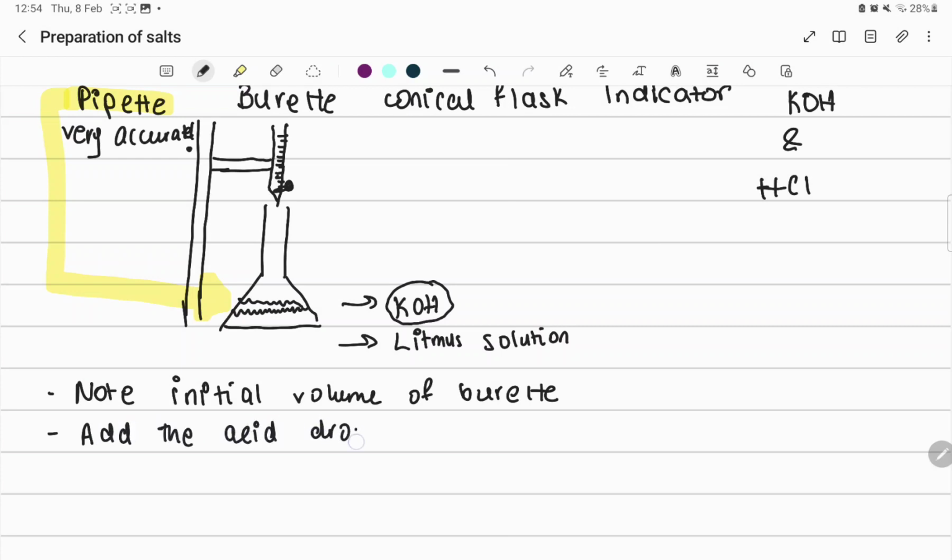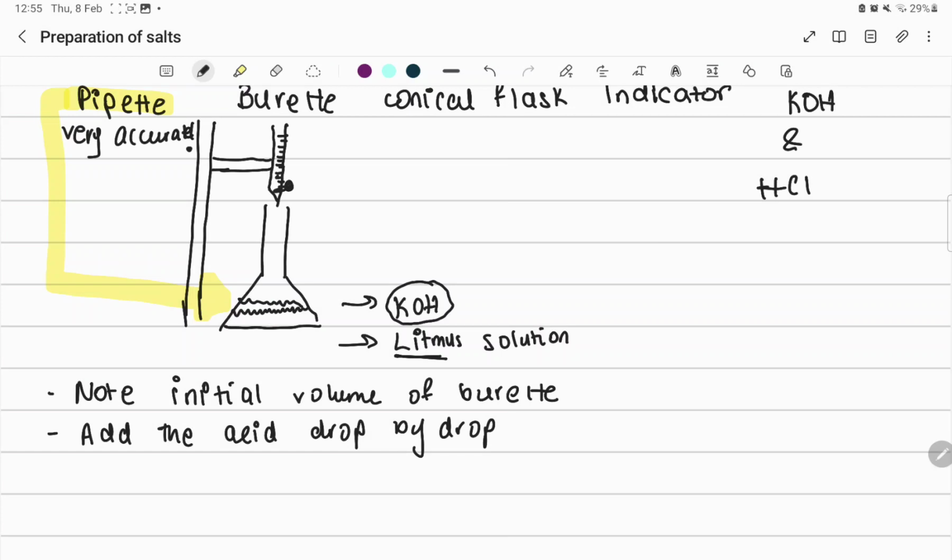drop by drop. You will not add it all in one go because what you're essentially trying to do here is get the exact volume at which the litmus will change its color because the solution has officially become neutral, therefore it has officially formed the aqueous salt.